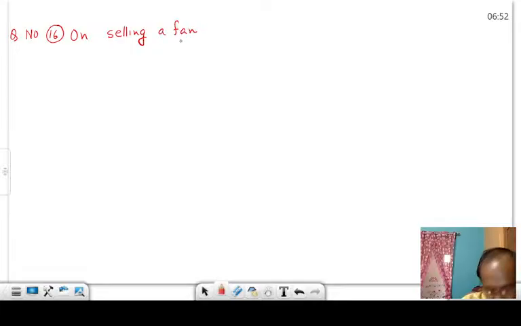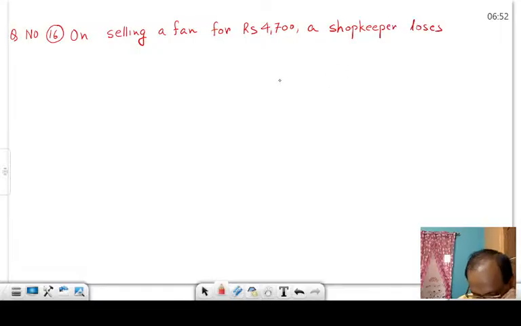On selling a fan for rupees 4,700, a shopkeeper loses 6%.